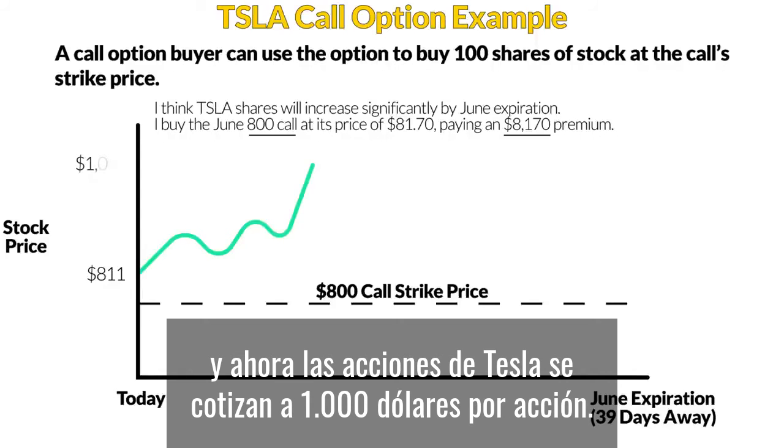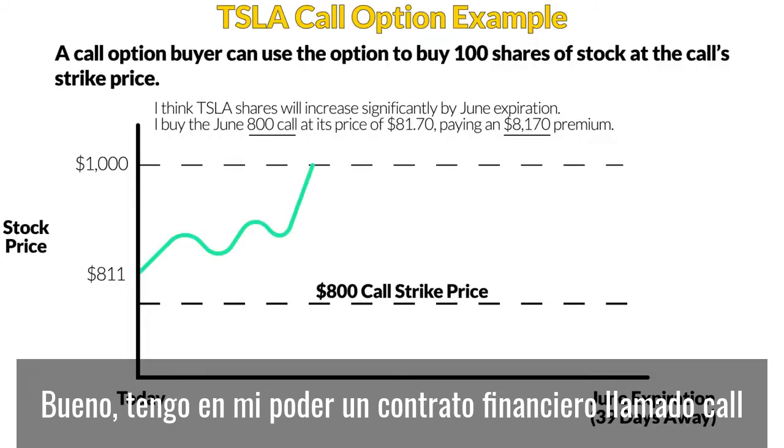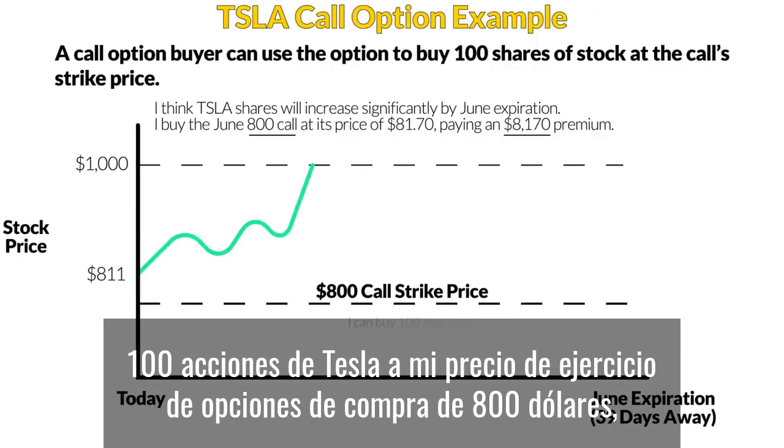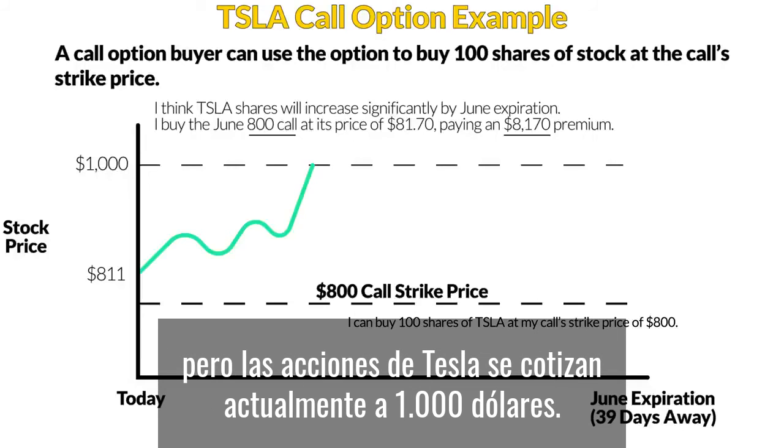Now let's say 2 weeks from now, Tesla has had a massive rally in the stock price, and now Tesla shares are trading at $1,000 per share. Well, I have in my possession a financial contract called a call option that gives me the right to purchase 100 shares of Tesla stock at my call option's strike price of $800. But Tesla shares are currently trading for $1,000.